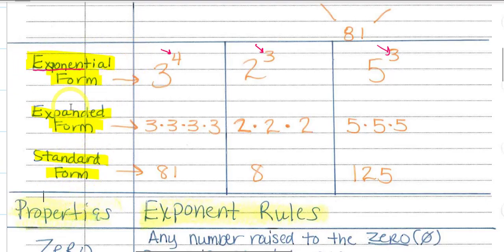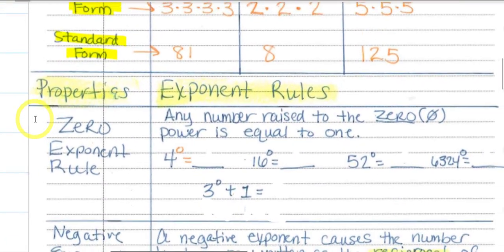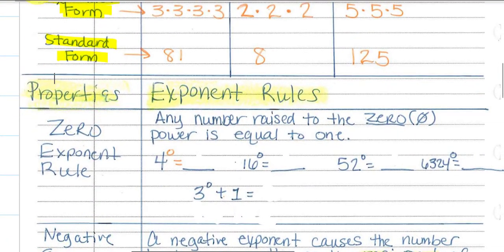All right, so now that we've talked about exponents and what they are, let's start learning about the different properties and rules that apply when we're working with different kinds of exponents. The first one we're going to talk about is called the zero exponent. This is the zero exponent rule.